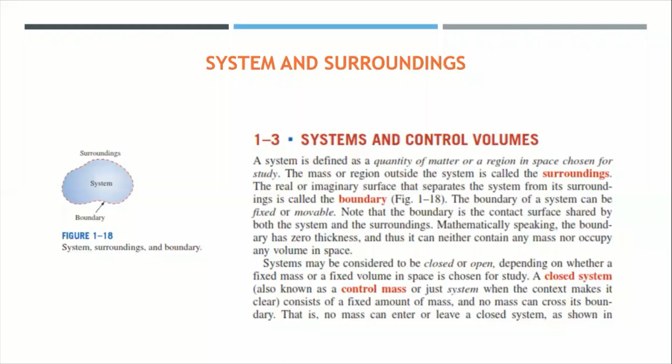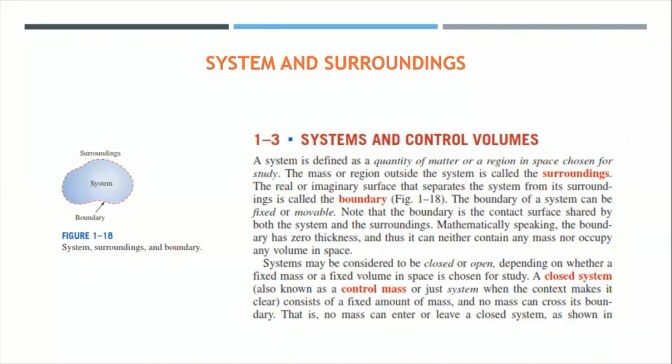The quantity of water you take out means mass is coming out of the system, and at the same time mass is entering the system. Water is entering the geyser, and the cold water is getting heat energy. This kind of system we call an open system.